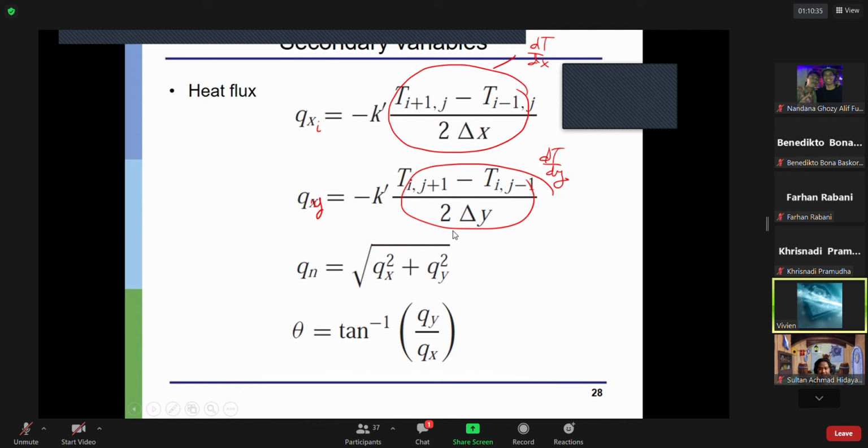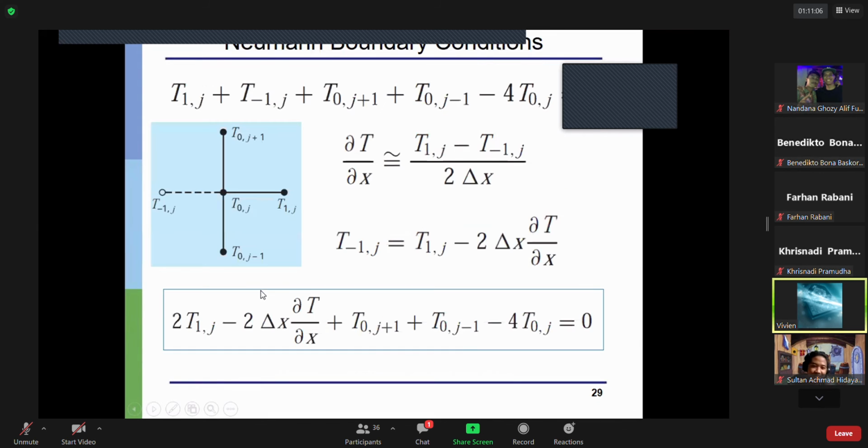The resultant heat flux is a vector, so it has direction as well. The magnitude of the heat flux will be the square root of qx squared plus qy squared, and the direction, the angle theta, will be arctangent of qy over qx.